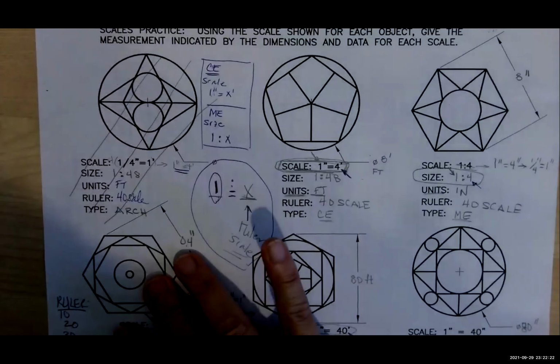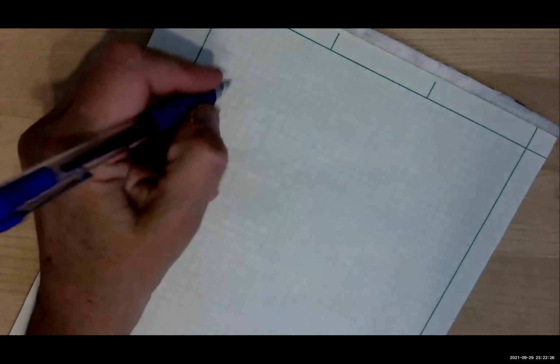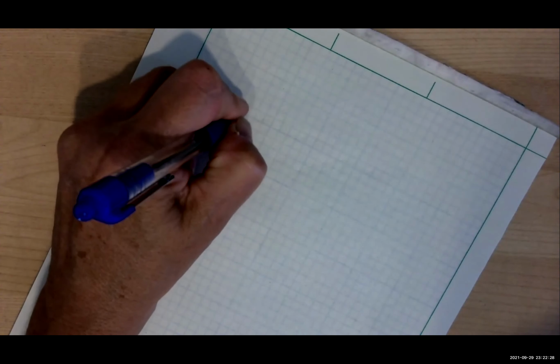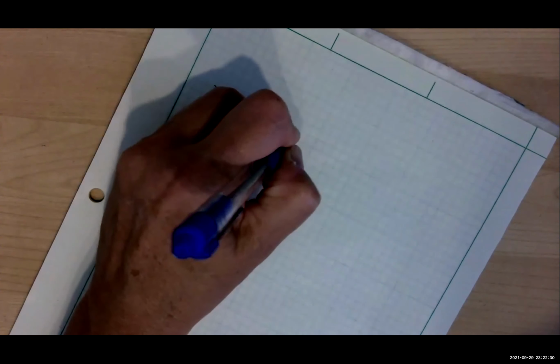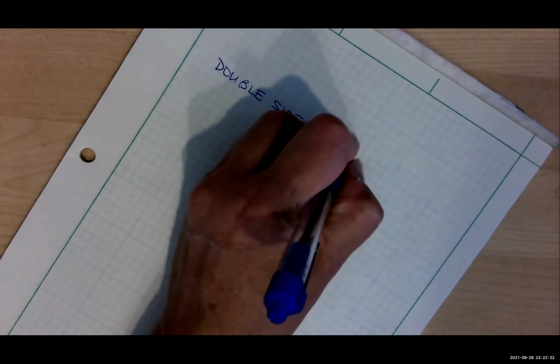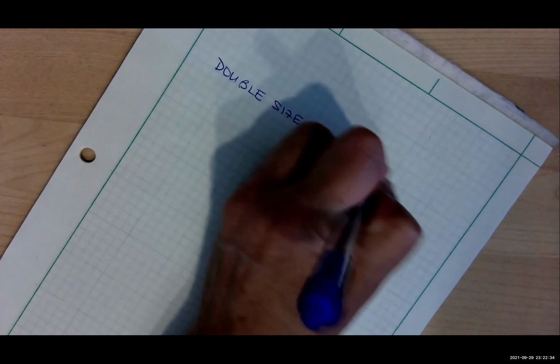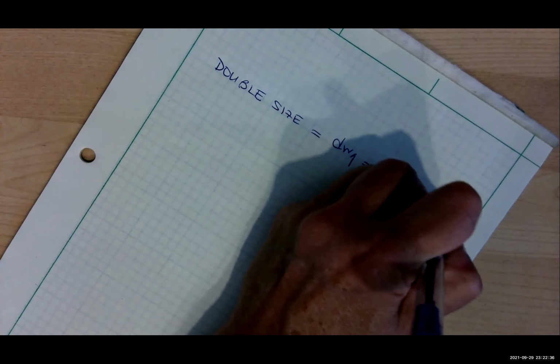Thank you. Okay, great. What other questions? I have a question. For some reason, I'm getting confused between what scale to use for double versus half size. Sure. So we know that double size means my drawing is 2 times the size of the real.